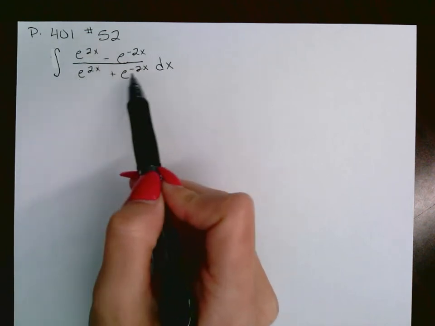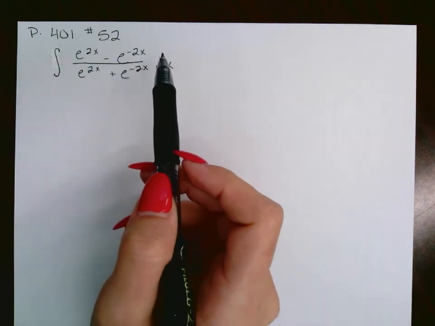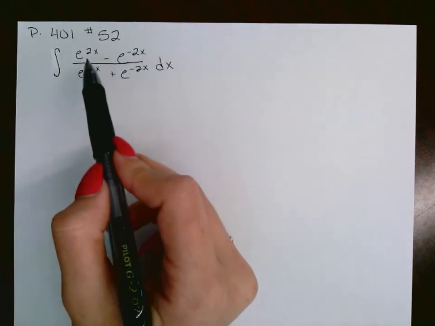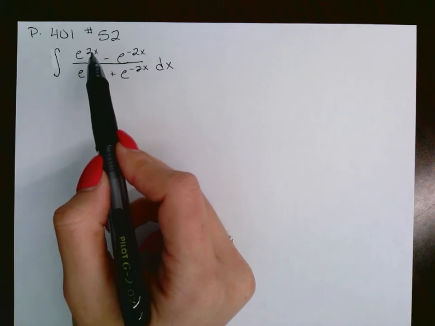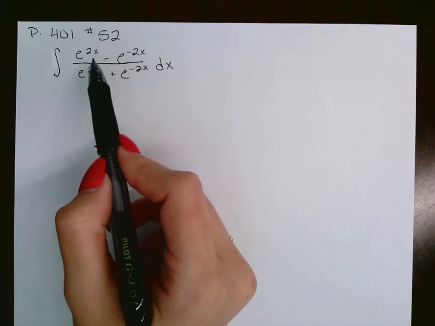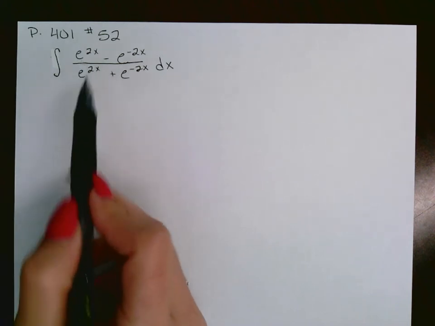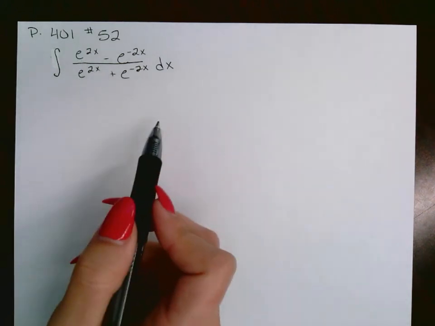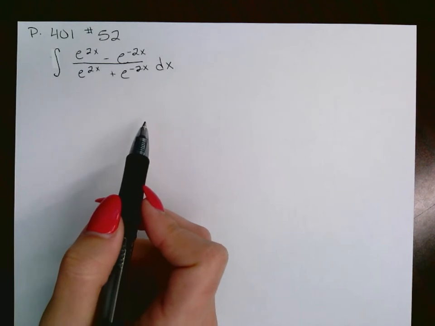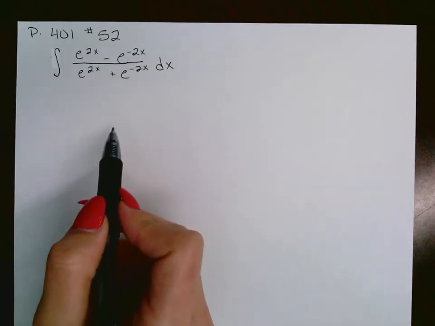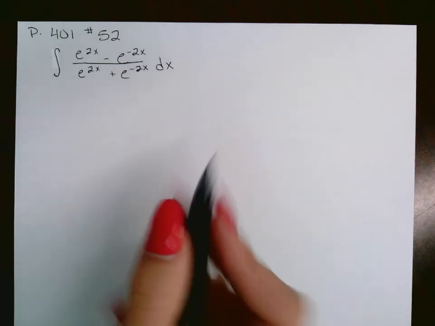But I have way too many other e to the x's, okay? So do you agree that e to the x gives you e to the x as its derivative and integral? So that means that numerator and denominator could give you each other as their derivatives, okay? So I need to pick numerator or denominator as my u for a u sub.